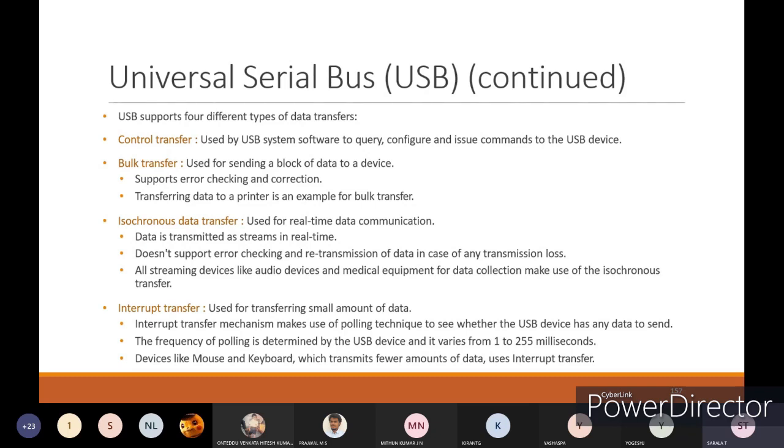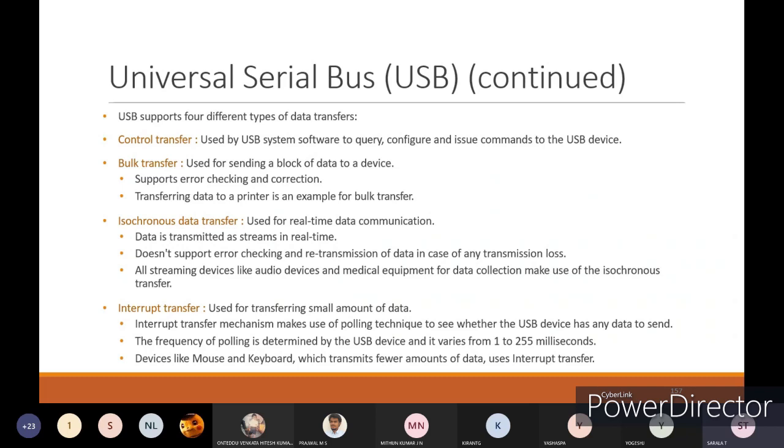Interrupt transfer is used for transferring a small amount of data, and the interrupt transfer mechanism makes use of a polling technique to see whether the USB device has any data to send. It will check whether there is any data to be transmitted through the USB, and then an interrupt request will be provided.